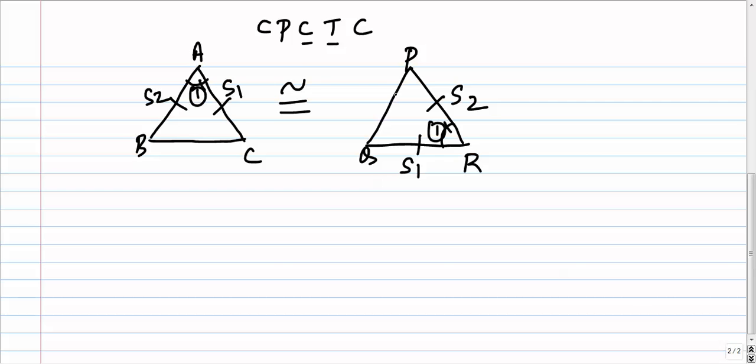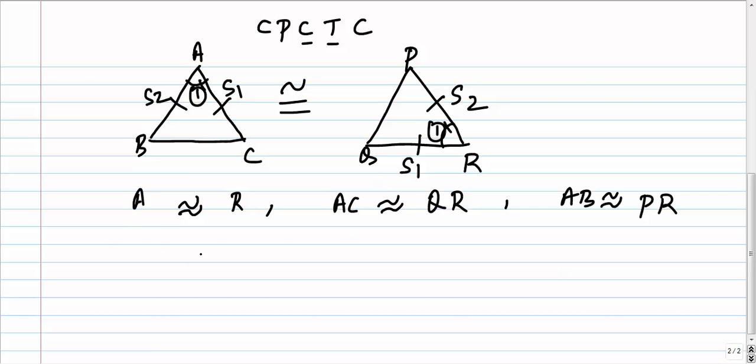Like in the usual case, A and P were corresponding vertices, B and Q were corresponding and C and R were corresponding. But in this case they are not so. We can see that A corresponds to R, AC corresponds to side QR and AB corresponds to side PR.